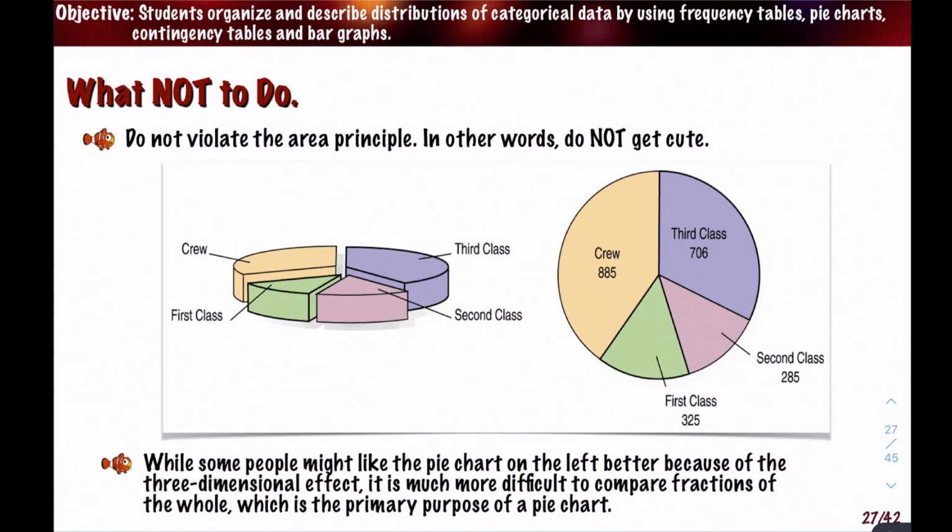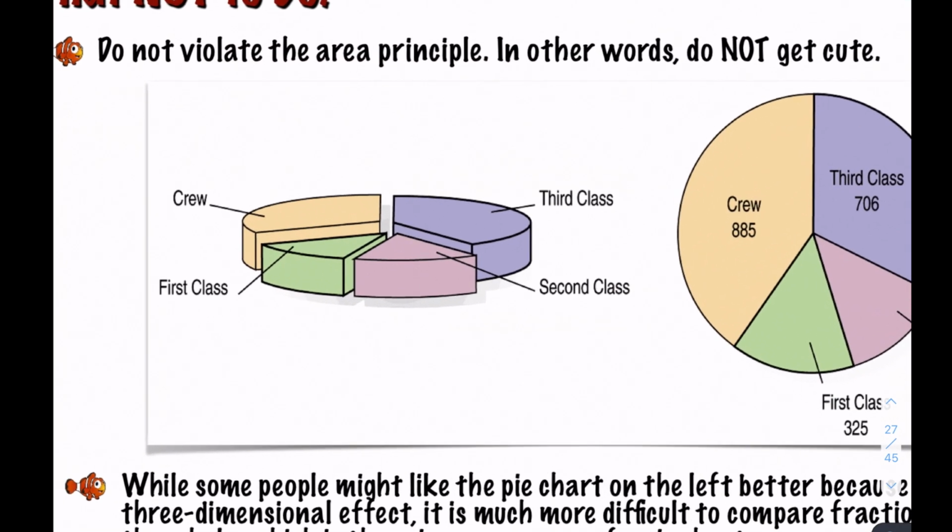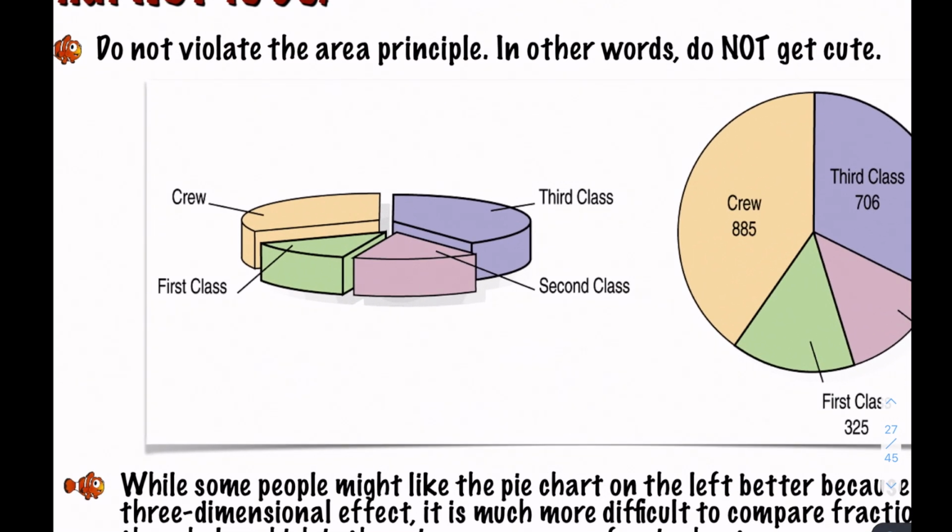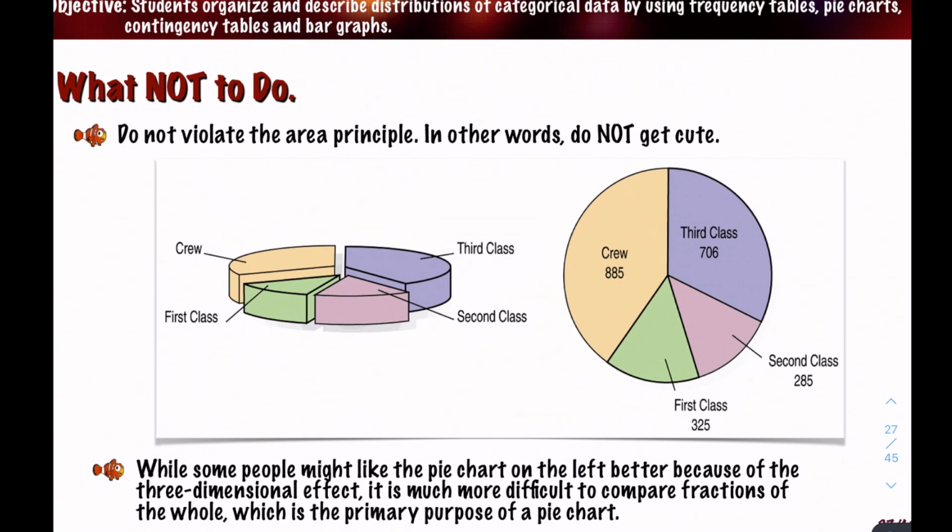Now, some things not to do, specifically for this class. If you want to save those for the business world or future presentations, fine. But in statistics, we are going to keep it simple. Do not violate the area principle. In other words, do not get cute. I know there's software that can turn a pie chart or a bar graph horizontally or make them 3D, but we're losing the area principle that we highlighted in the first part of the chapter 3 notes.